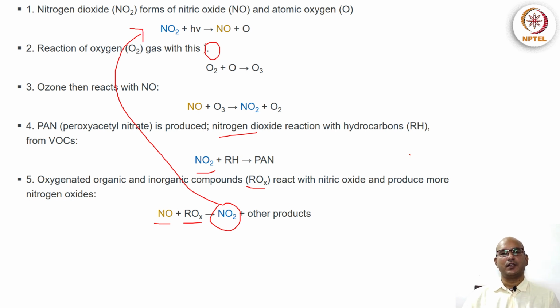So there are a lot of reactions possible with NO2, NO, and ozone, which lead to the formation of PAN or NO2 itself. So this is the way photochemistry could work.